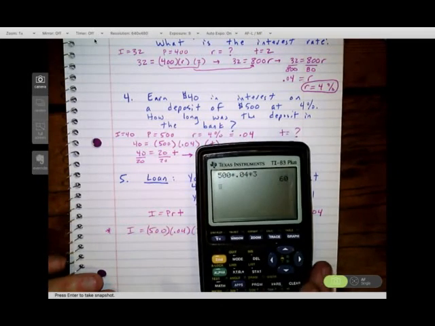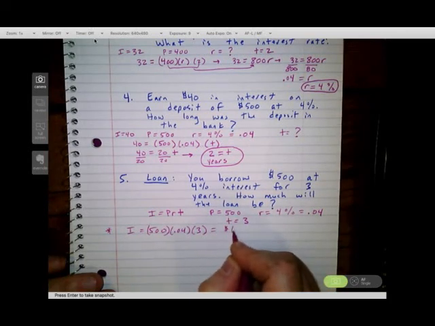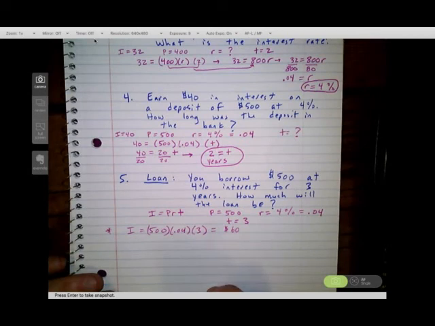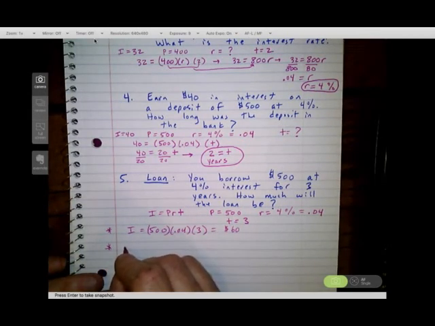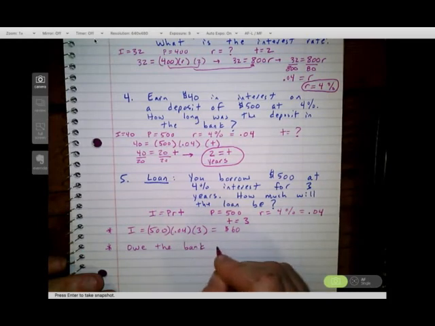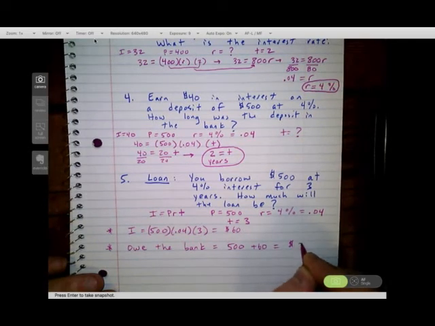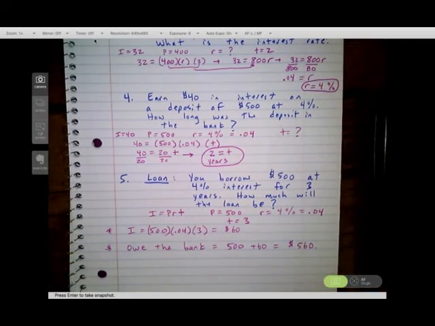So basically, it's going to cost us in this scenario $60 to borrow 500 bucks from the bank for 3 years. So our interest is 60 bucks. What we owe the bank, you'll owe the bank what you started with, 500 plus the interest, for a total of 560 bucks.